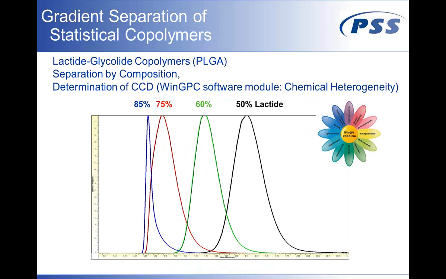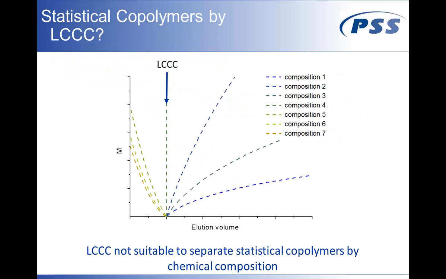Well, you might ask, wouldn't it be a way to use liquid chromatography under critical conditions to separate statistical copolymers? And here is the answer. To my understanding, it's not possible. Why? Well, if you have statistical copolymers and you would like to establish, for one composition, this green, this might be composition number 4, for example, these critical conditions, then the other compositions are either a little bit stronger or a little bit less adsorbed to the stationary phase, meaning the other compositions are either eluting in liquid adsorption mode or in size exclusion mode, giving rise to molar mass dependencies again.